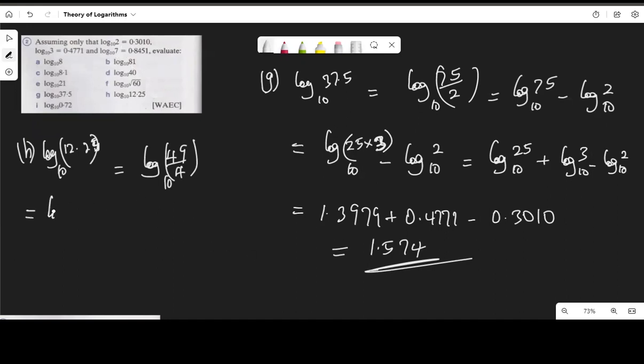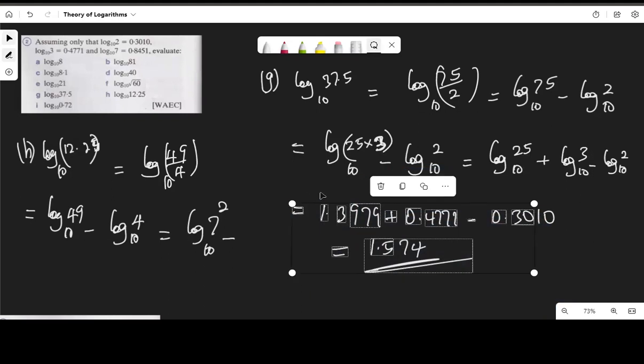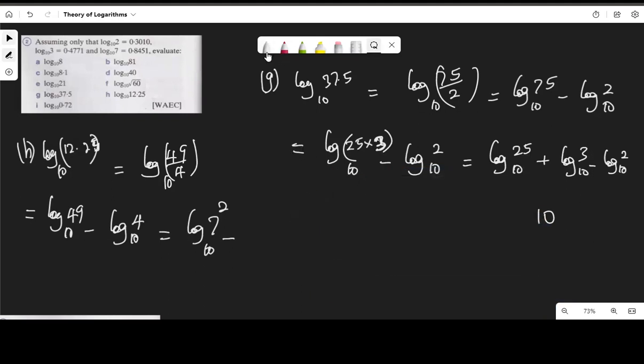So we can write this as log 49 to base 10 minus log 4 to base 10, which is log 7 squared, that is 7 times 7 is 49, minus log 2 squared, 2 times 2 is 4, to base 10.